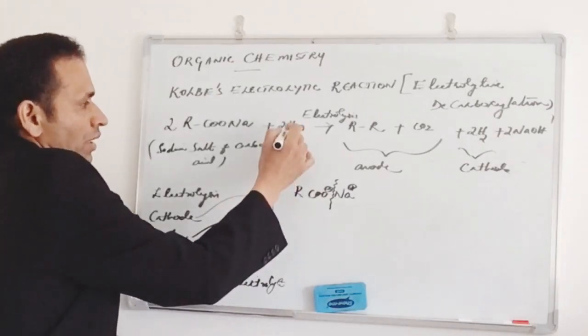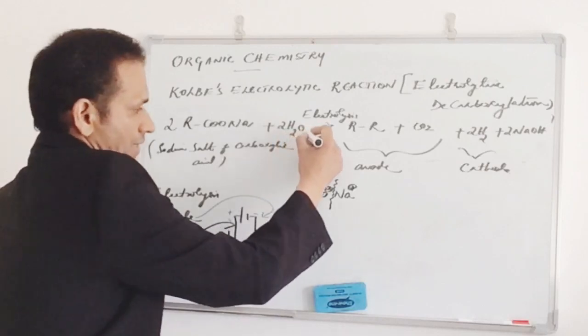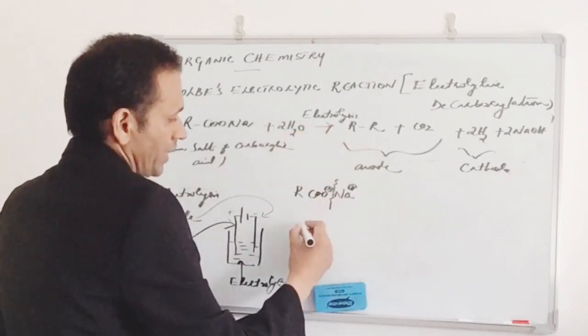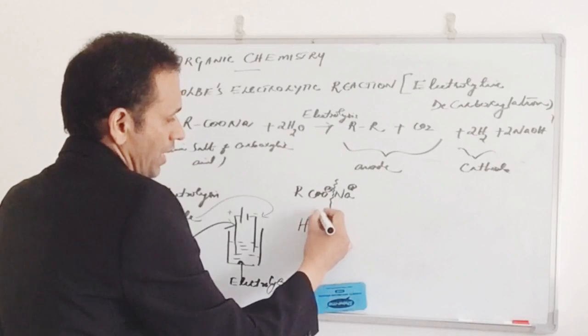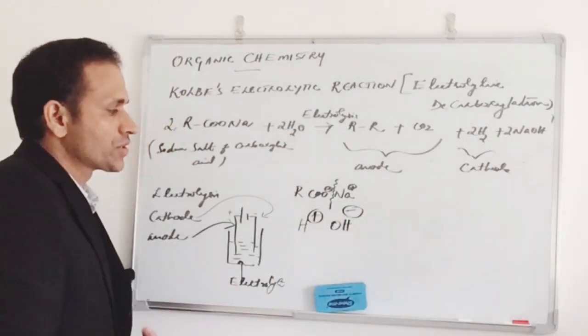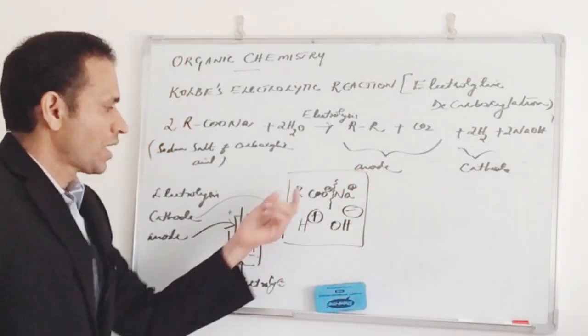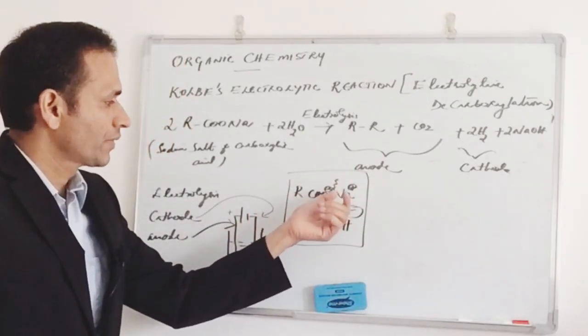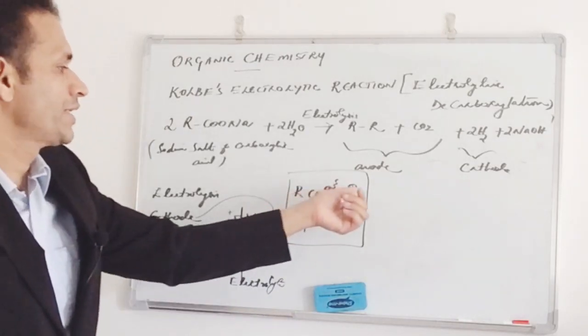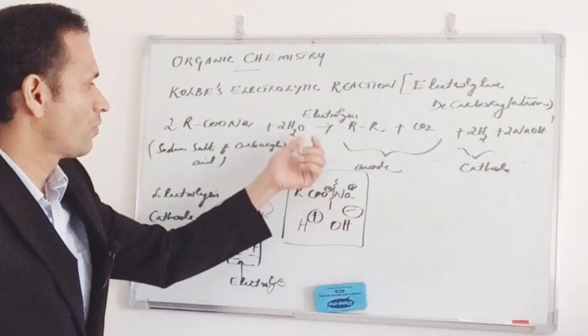The water molecule also exists as H positive and OH negative. So there will be four types of ions here: RCOO minus, the carboxylate anion, and Na positive, H positive and OH negative from water.